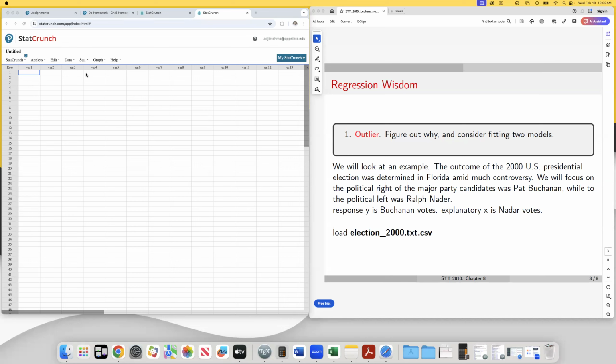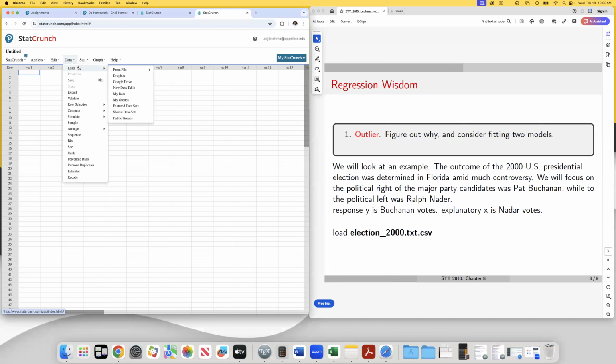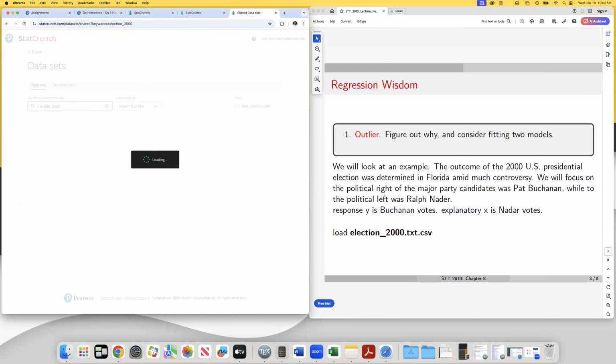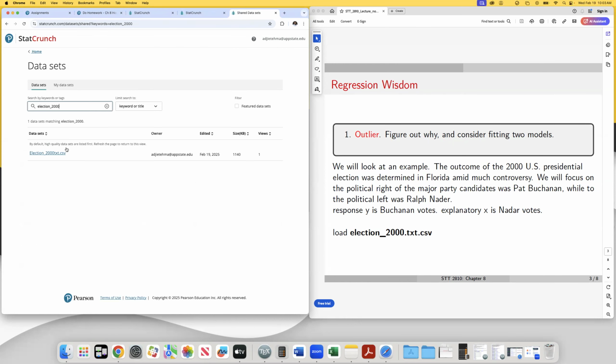I have my StatCrunch open here. I go to data, then load from shared data set, and then put election. So there you go, this is the data set.